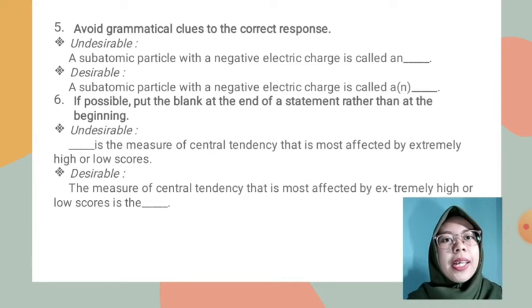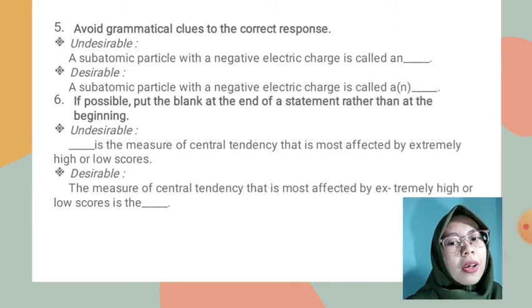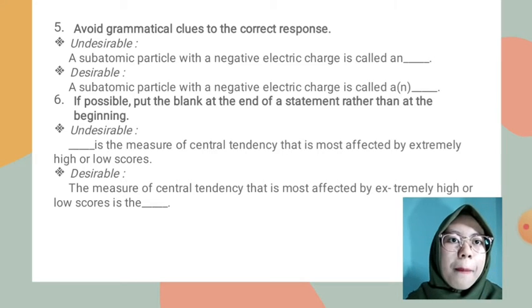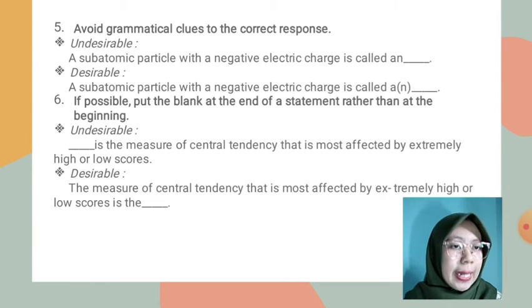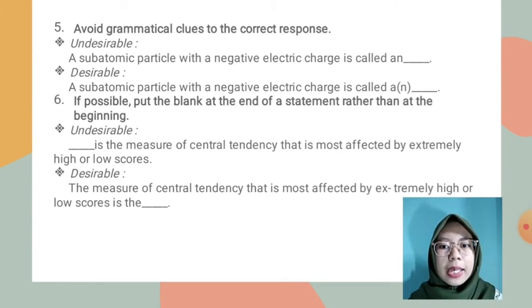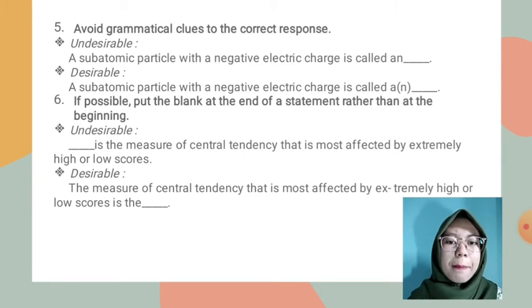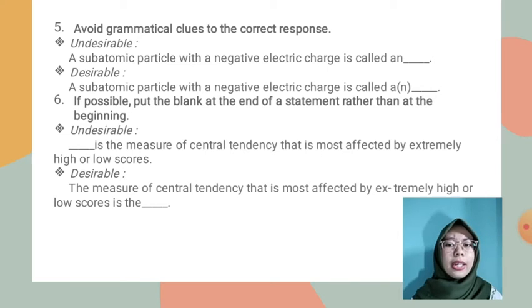And number 6 is, if possible, put the blank at the end of the statement rather than at the beginning. Asking for a response before the students understand the intent of the statement can be confusing and may require more reading time.